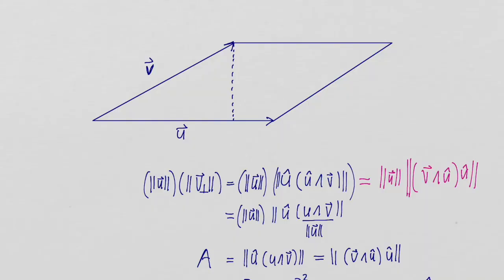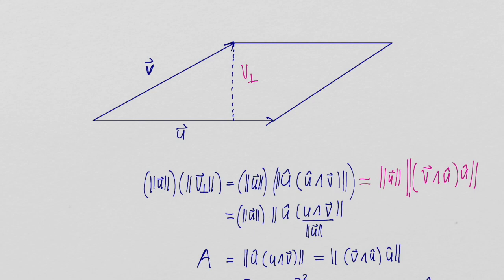Okay, so the setup for this is a vector u and a vector v. They obviously form a plane. And I want to find the area of this parallelogram. That's this little piece of plane that those two vectors define. And that area is clearly the magnitude of u times the rejection of v on u. So this guy right here is v rejection.